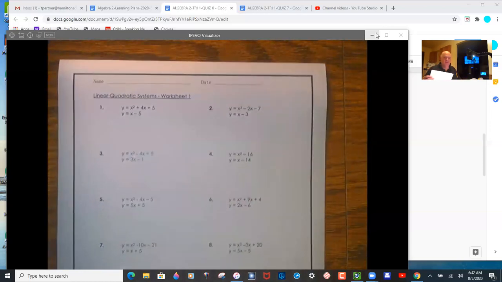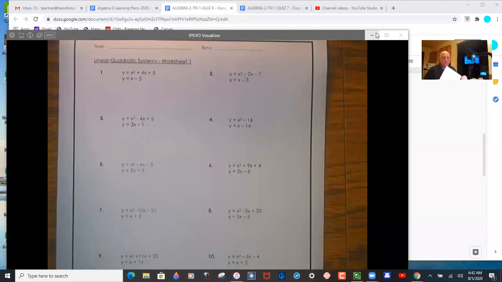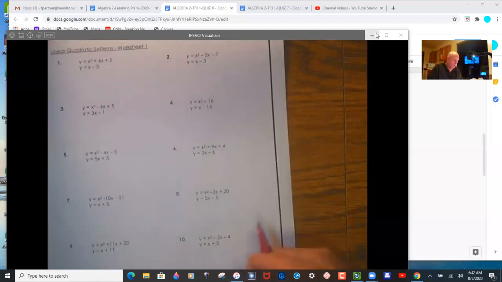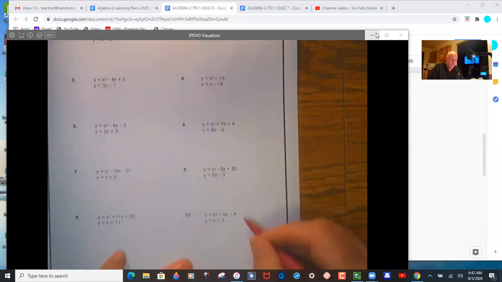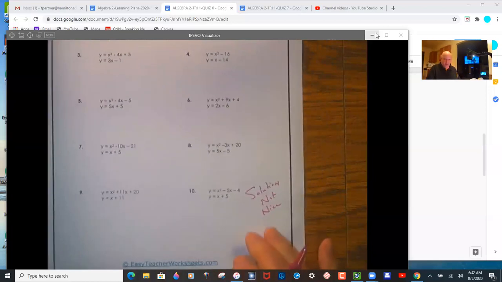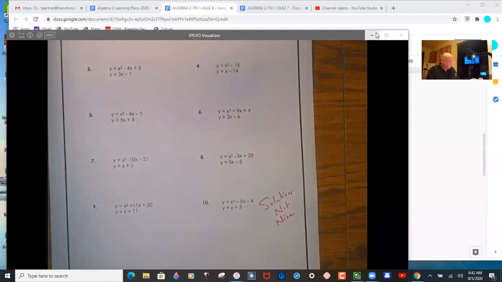I see the SAT generally has one of these, some question about these. The last one, here you're going to get not nice solutions. So the table feature will be out of order when it comes to number 10.